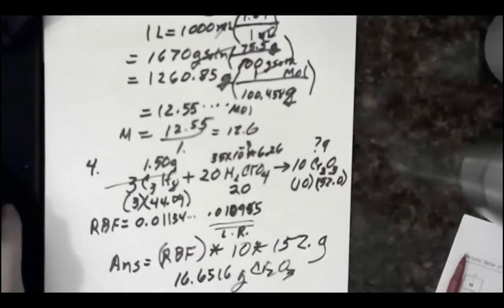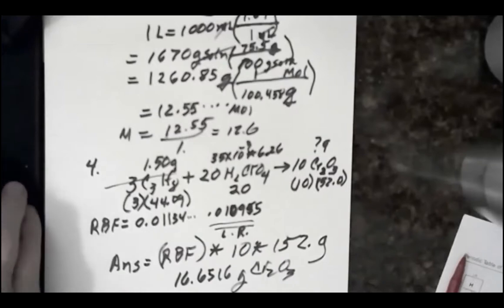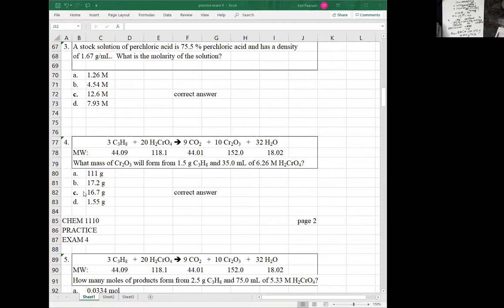Okay, and if we look at the answers, okay, that would be C. 16.7 is the correct answer for you. Okay, so this particular problem did combine mass and volume and molarity in the same problem. Okay, let's do number 5.